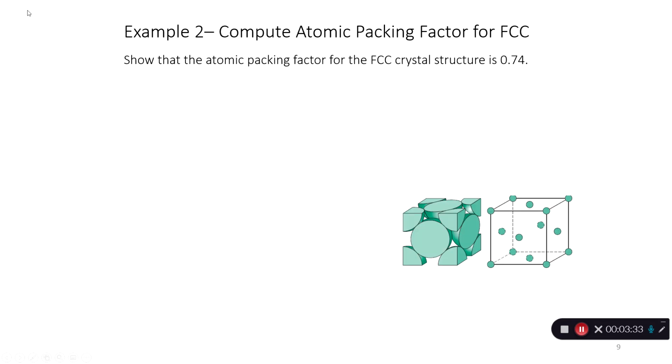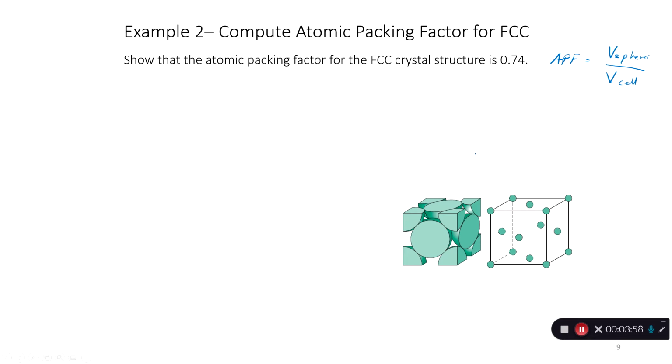Now, next, let's calculate the atomic packing factor. Remember that the atomic packing factor is like a ratio. The APF is a ratio of the atoms, or here I'm going to write the spheres, over the volume of the cell, of the cube.